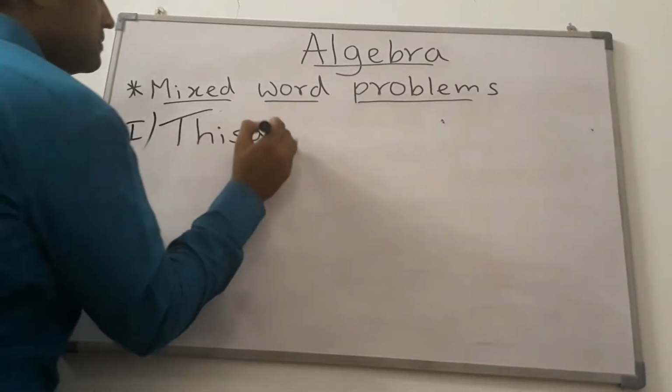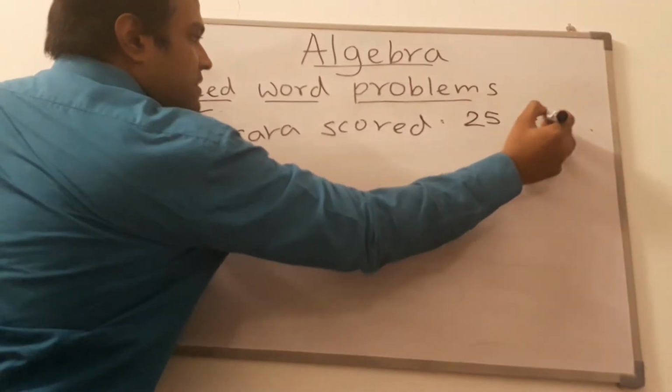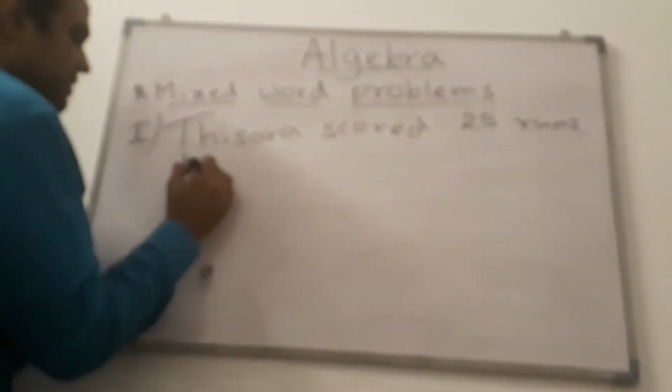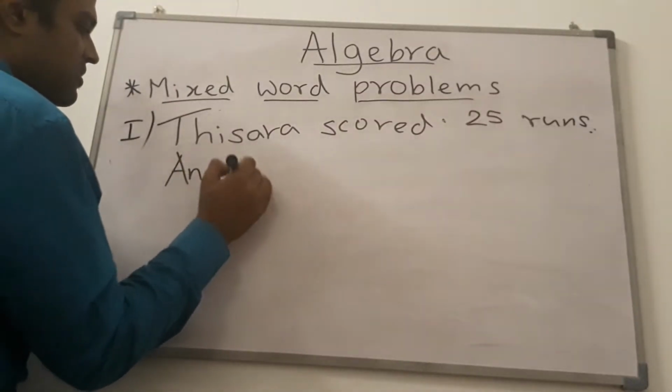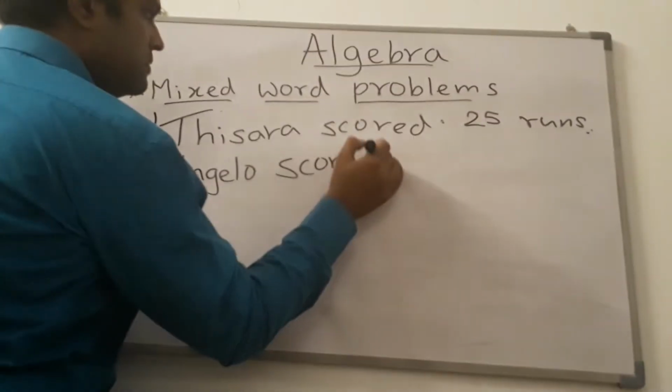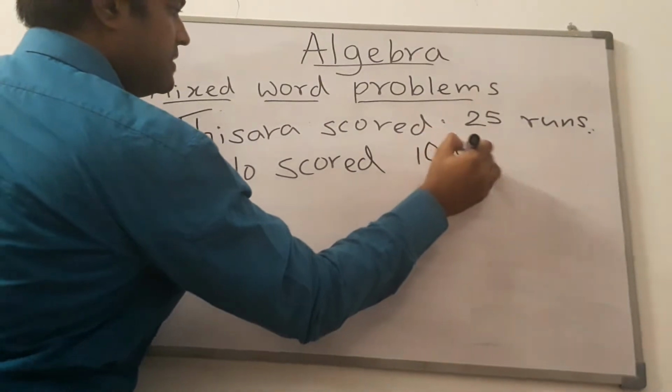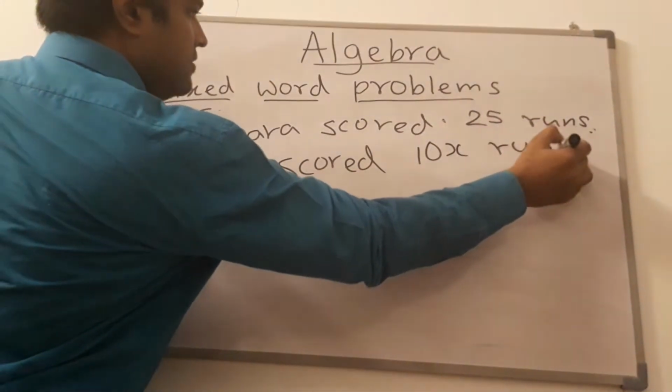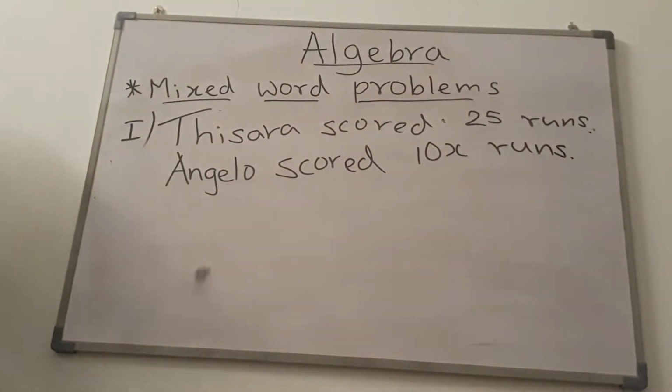Tisara scored 25 runs. Angelo scored 10x runs.